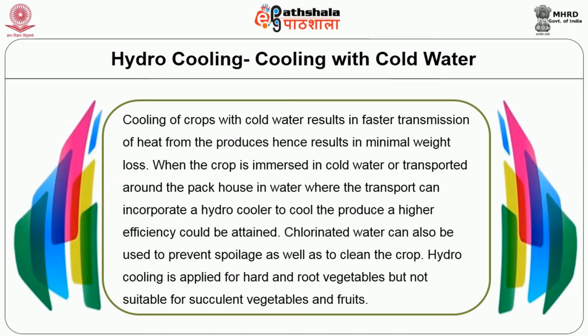When the crop is immersed in cold water or transported around the pack house in water, where the transport can incorporate a hydro cooler to the produce, a higher efficiency could be attained. Chlorinated water can also be used to prevent spoilage as well as to clean the crop. Hydrocooling is applied for hard and root vegetables because it is not suitable for succulent vegetables and fruits.